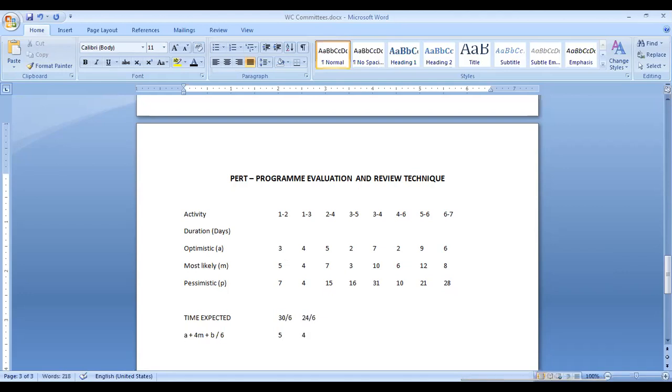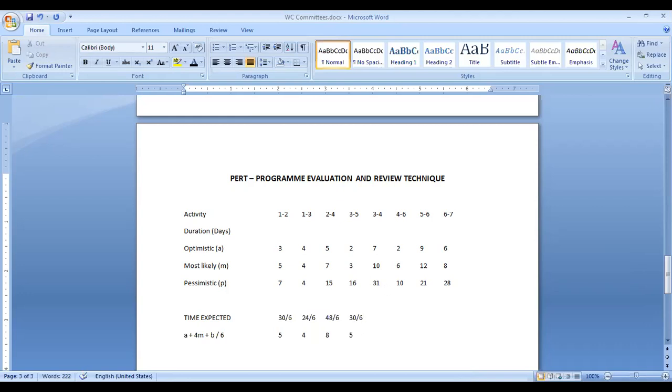Third one, 7 into 4 is 28 plus 5, 33 plus 15 is 48. 48 divided by 6 is 8. Then you can try for the next one. 4 into 3 is 12 plus 2, 14 plus 16, which is 30 by 6, which is again 5.